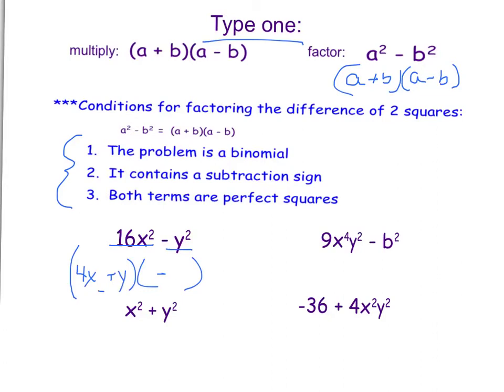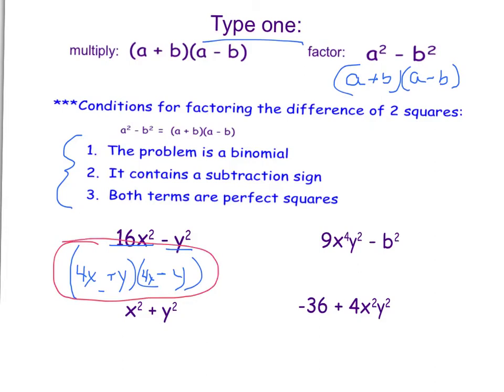So we have 4x plus y times 4x minus y. And we can double check it. 4x times 4x is 16x squared. The outer and the inner would cancel out, and this would be our y squared. So this would be your answer.